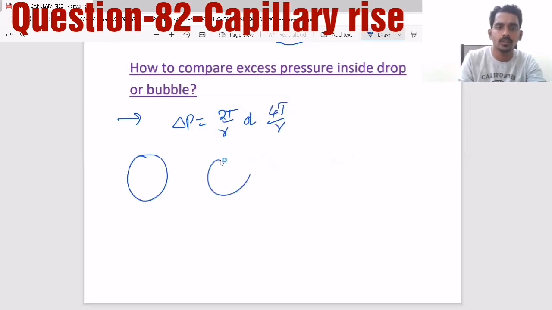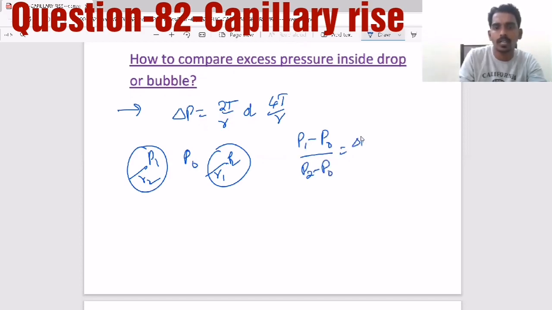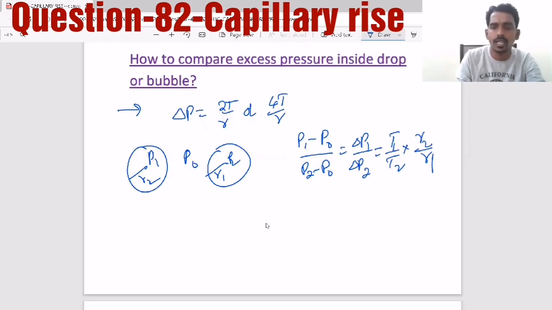When you consider two drops of radius R1 and R2, having pressures P1 and P2, and outside pressure P0, then (P1 minus P0) by (P2 minus P0), that is delta P1 by delta P2, equals T1 by T2 times R2 by R1. If it is the same liquid, then T1 equals T2.